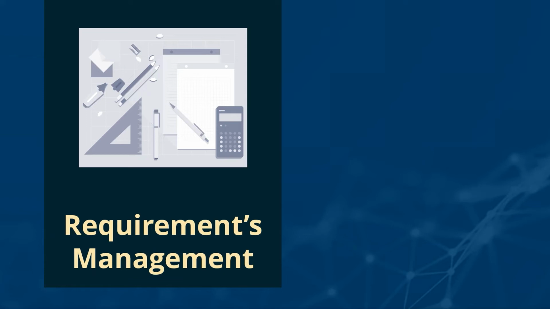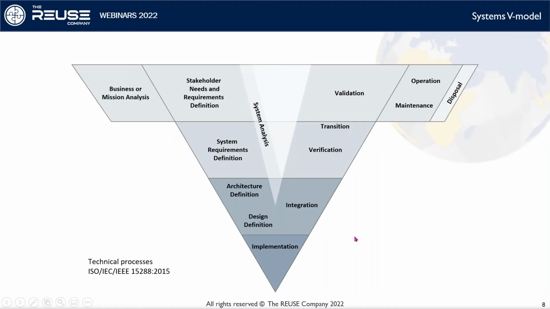Okay, I will be sharing some thoughts about requirements management with you, and to do that, we may need to start to define what is requirements management and when and where does it happen. For that reason, I will show this V model picture from 15288.